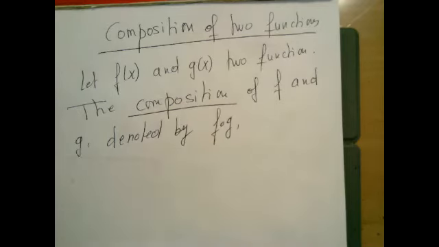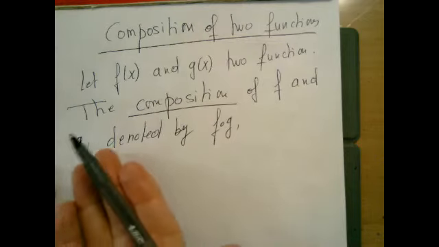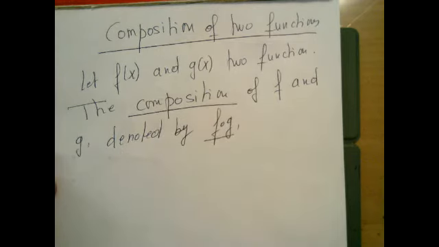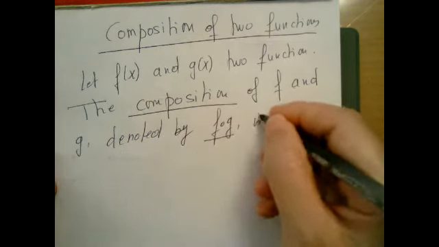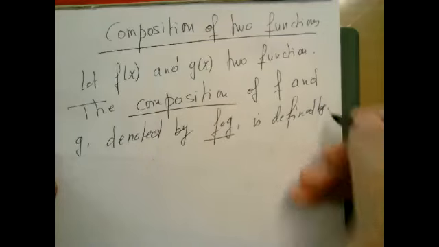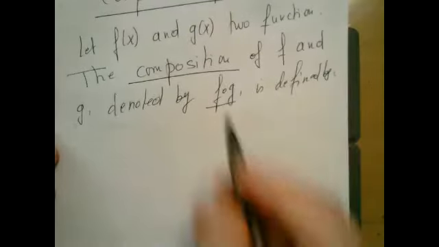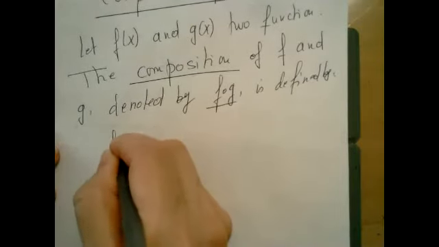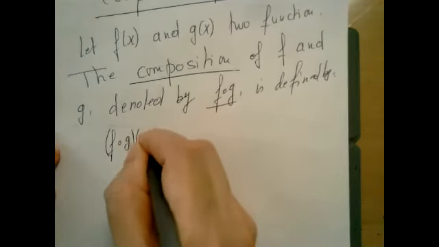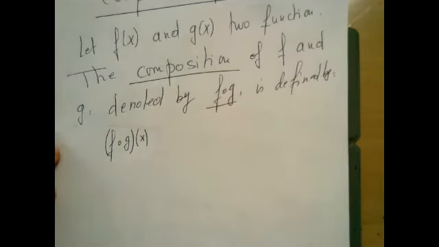What does it mean? I'm creating a function, f composite g, defined as follows. Telling you how a function is defined means I have to tell you what the function does for an input. That's what it means to define a function. I have to tell you what rule this function satisfies.